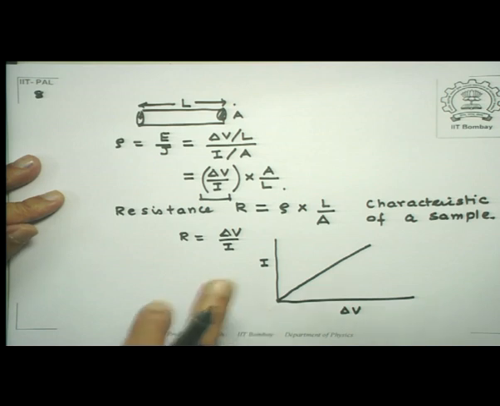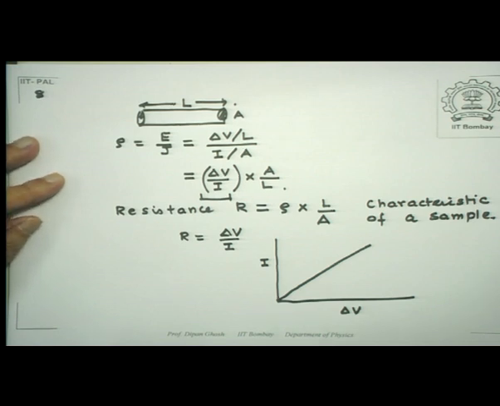Now, it turns out that a very large class of materials follow this simple relationship, and in fact most of the time, unless specifically stated, we assume that the conductors with which we work are ohmic material.